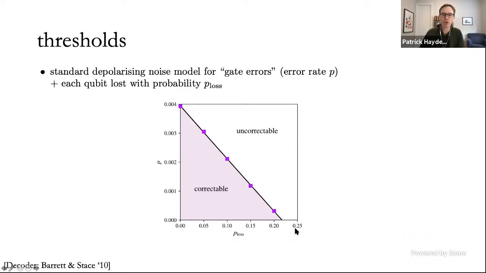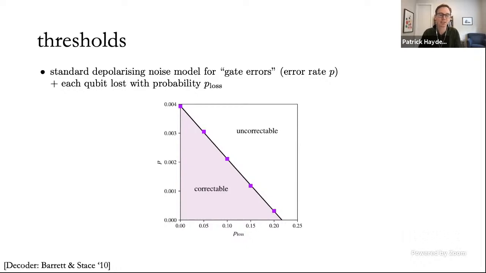And you can see here, if there's no loss, so loss is 0, we have the 0.39% gate level error threshold. But if there are no gate errors, if the gates were noiseless, then we can actually tolerate losses in the waveguide up to about 22%.